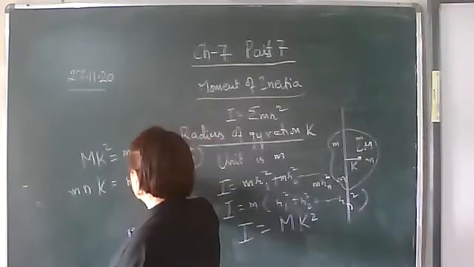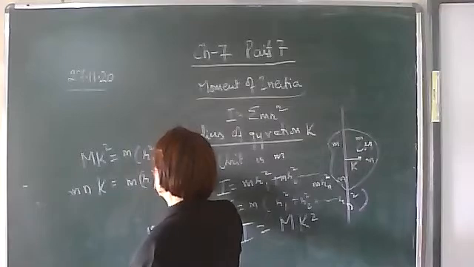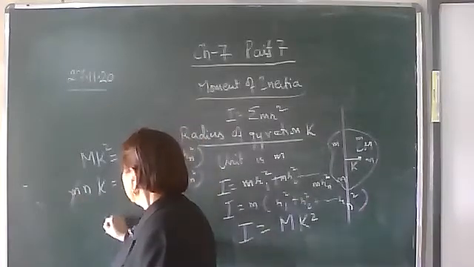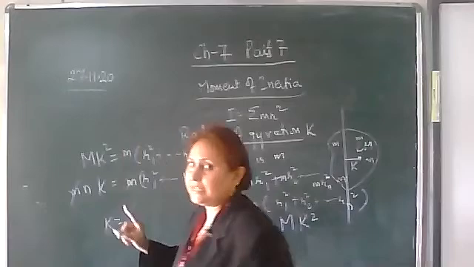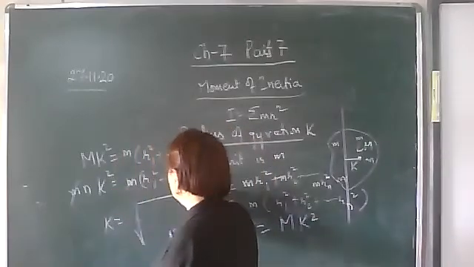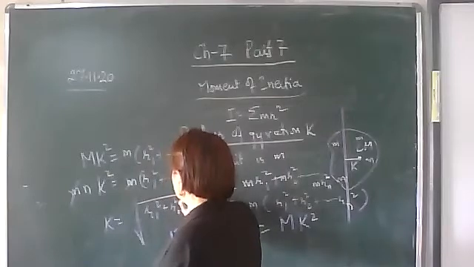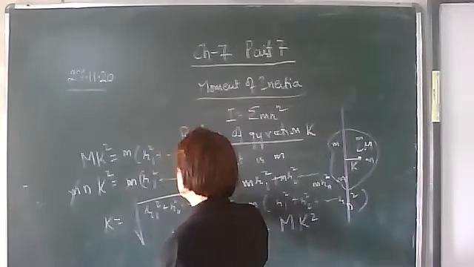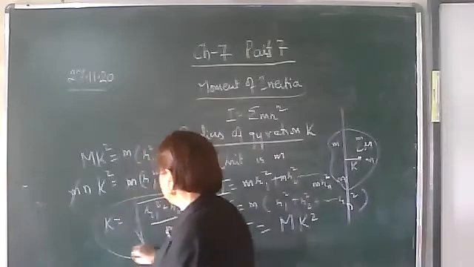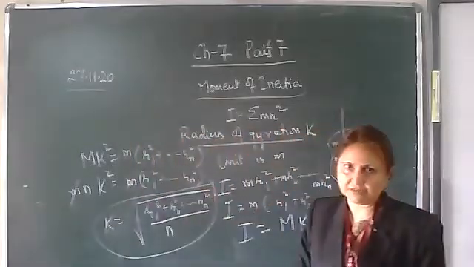So M is n m, and m into r1 square plus so on up to rn square. So k square is this divided by n m, and k will be equal to the square root of r1 square plus r2 square and so on up to rn square, divided by n. So this is another expression of radius of gyration.